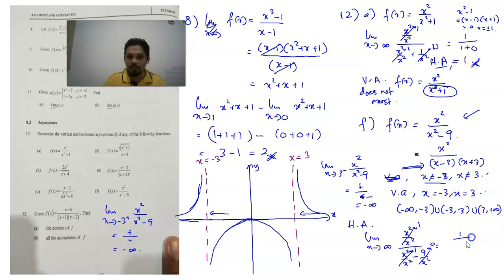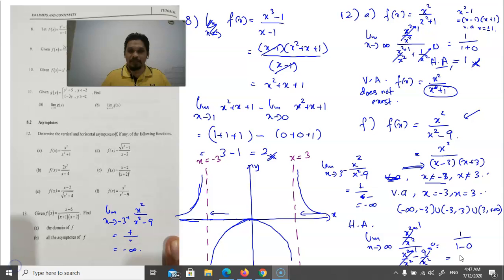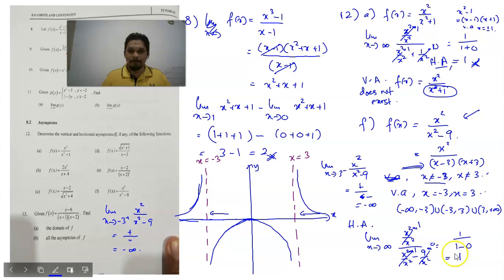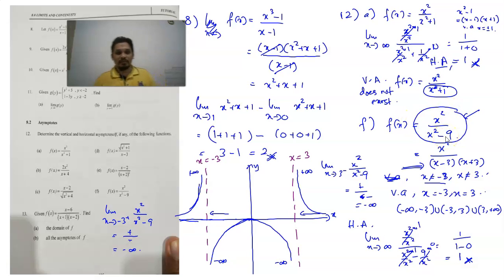Then we get 1 divided by 1 minus 0, which is equal to 1. So for the vertical asymptotes, from left and right we got positive infinity, negative infinity, and positive infinity. But the horizontal asymptote is equal to 1. In the function f, you can substitute this f of x and see by yourself how the graph looks.